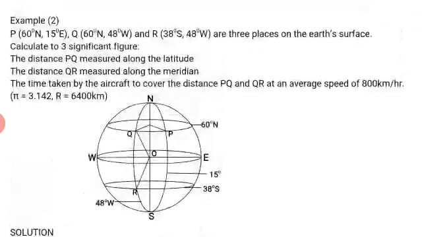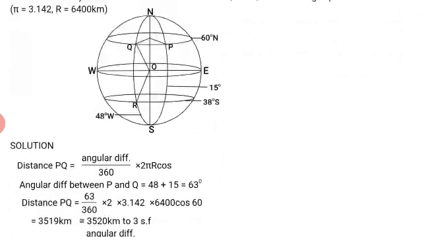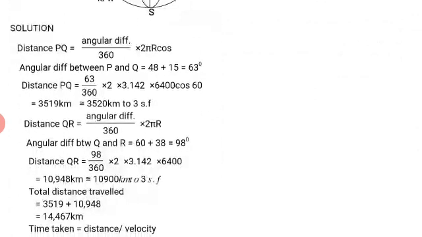Question 2 says we should calculate the distance QR measured along the meridian. For distance QR, we need to get the angular difference too. The angular difference will be the addition of the latitudes, because the two of them are on the same longitude, and that will give us 60 plus 38 degrees to give us 98 degrees.